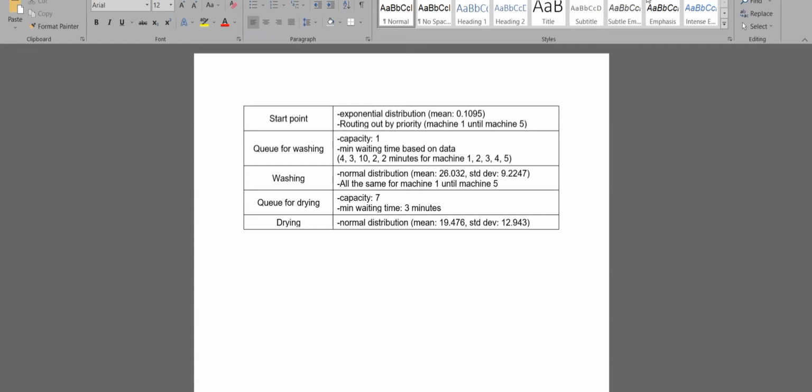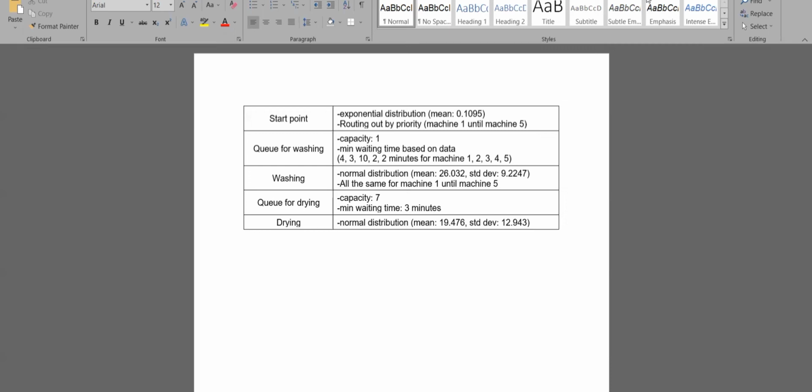For the starting point, the arrival rate of the data, when we fed the data using EasyFit, follows an exponential distribution with a mean of 0.1095. The research paper stated that the data follow routing by priority from machine 1 until machine 5.